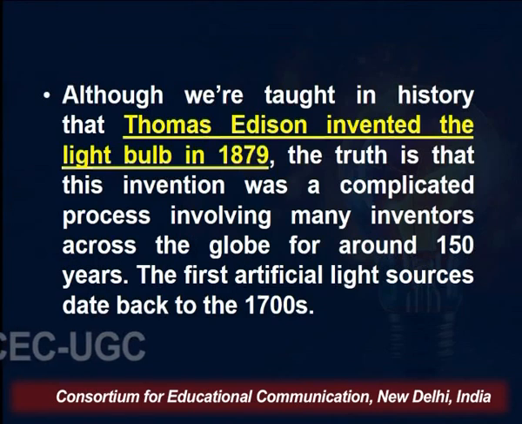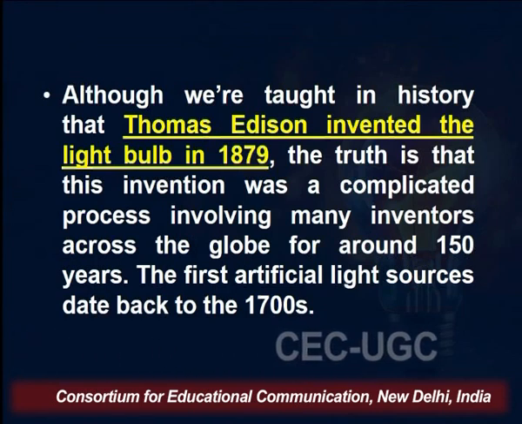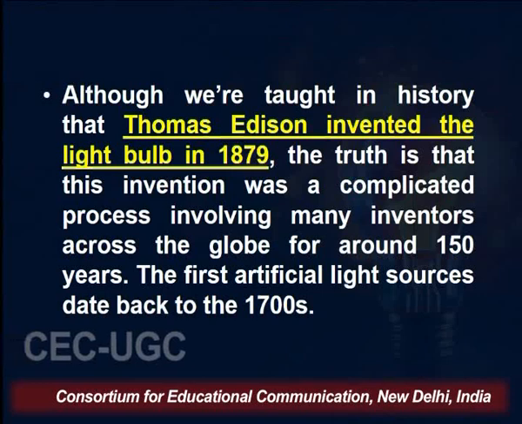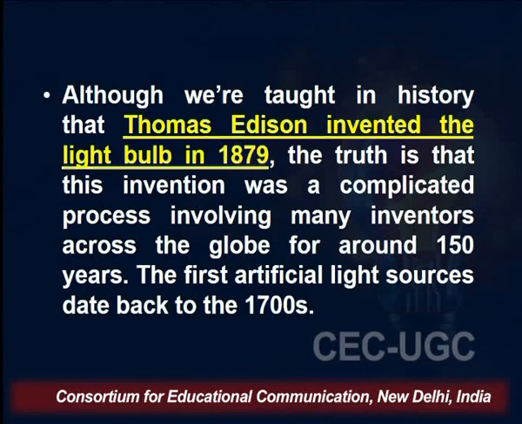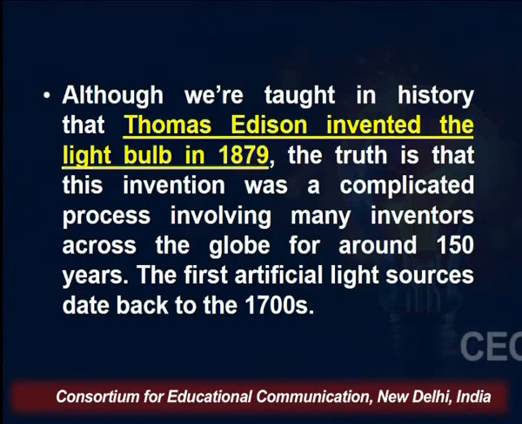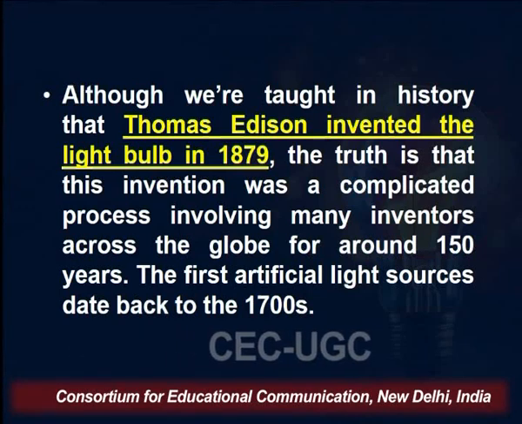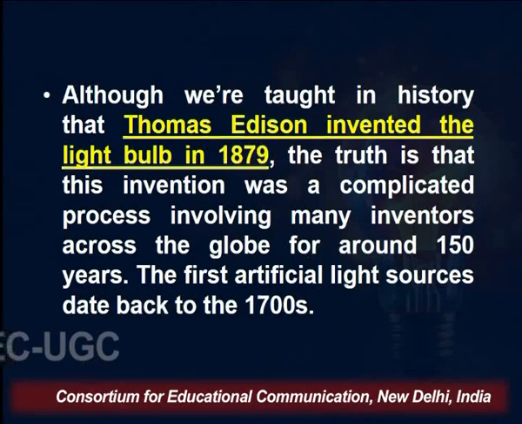Although we are taught in history that Thomas Edison invented the light bulb in 1879, the truth is that this invention was a complicated process involving many inventors across the globe for around 150 years, until the best light source was developed. The first artificial light sources date back to 1700.